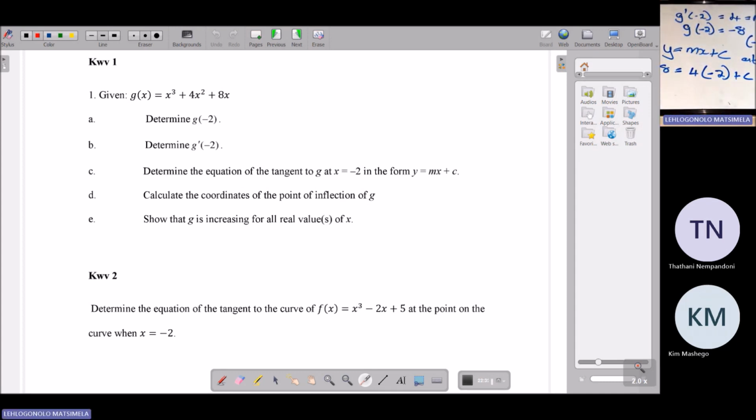We don't know the value of c, we settle for c. Then here we will have -8, then which means it's going to be 0, then it's equals to c. Then y is equals to 4x plus 0, or I can just write it in this way. Then this is the equation in that format that they are looking for.